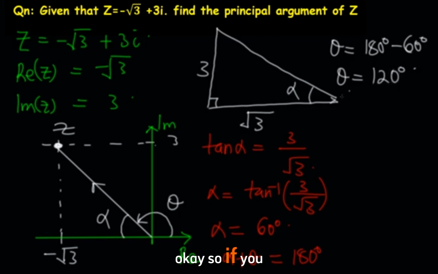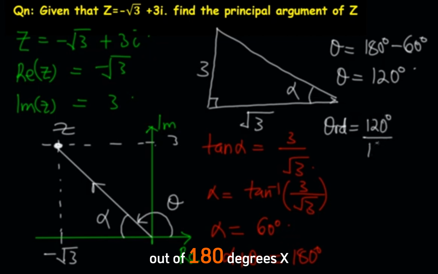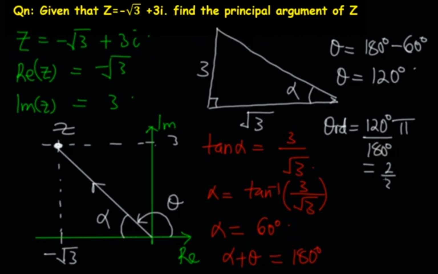So if we want to get theta in radians, we shall say theta in radians is equal to 120 degrees over 180 degrees times pi. So this is equal to 120 divided by 180, which is 2 over 3 pi.